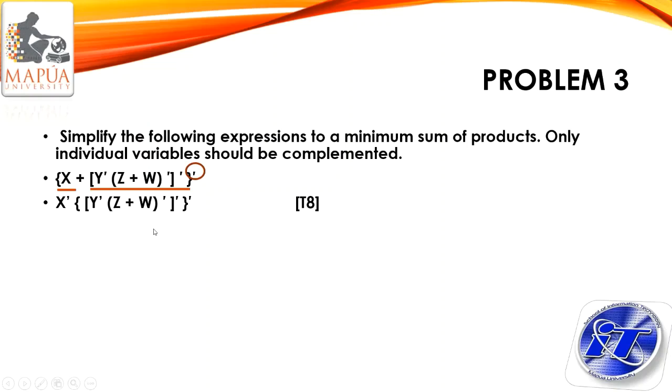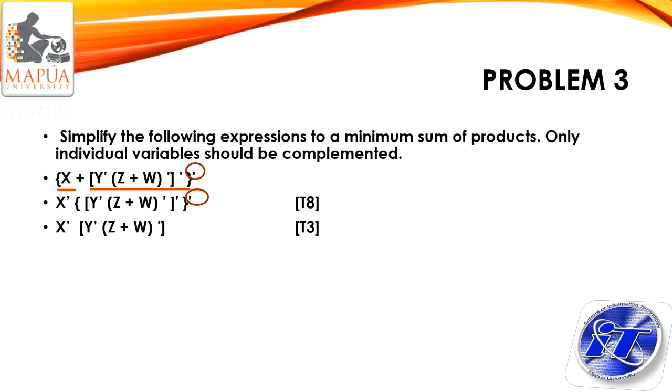And what can you say about the second term? We have a double negation here. So therefore, we could cancel it. So we have, on the second term, y naught added to z plus w, and this z plus w is under a NOT gate.